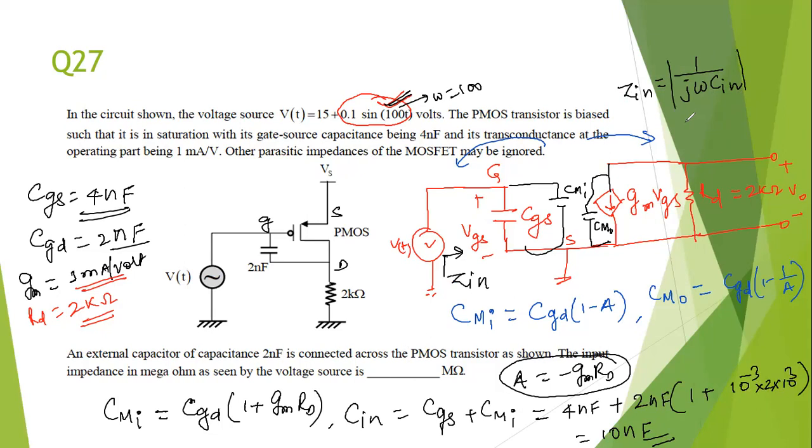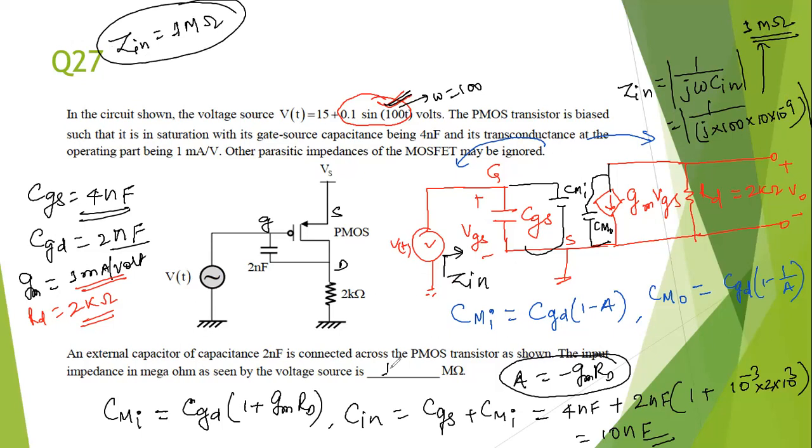So the mod value of Z input, after putting values, you will get 1 upon j into 100 into 10 into 10 to the power minus 9, and taking the mod value, the answer is equal to 1 megaohm. So the answer is 1 megaohm. So input impedance is 1 megaohm. So 1 megaohm is the right answer. Got it? Is that clear?